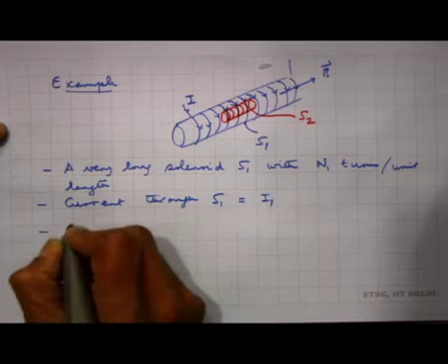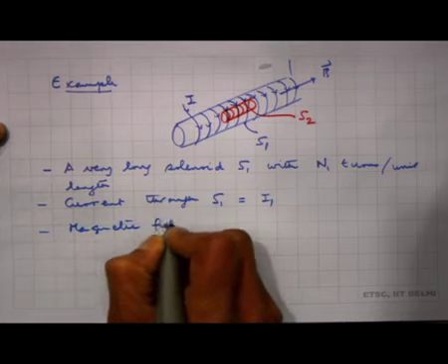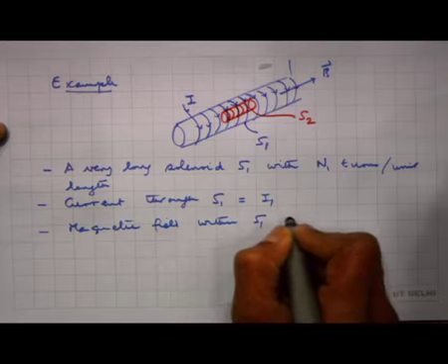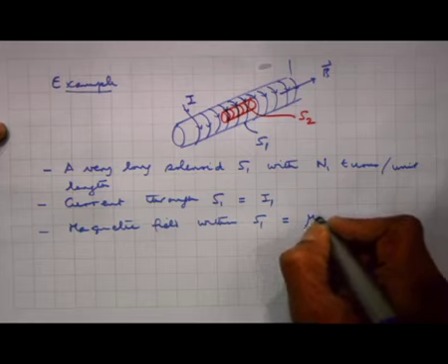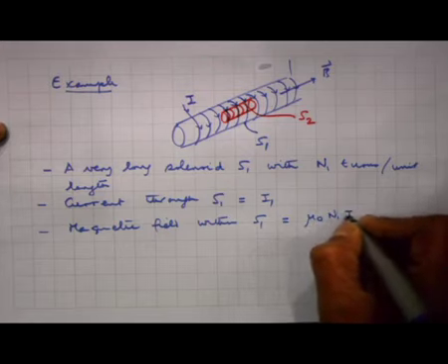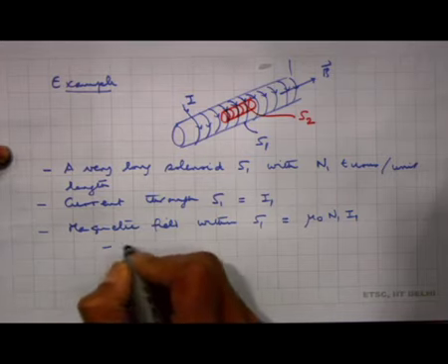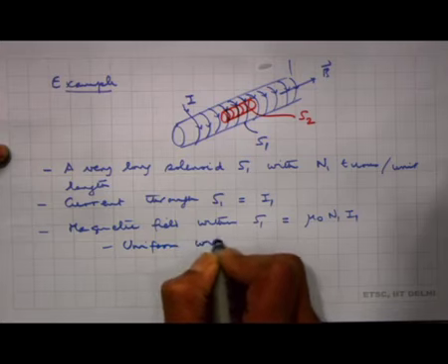This produces the magnetic field within S1, which is mu naught N1 I1, and this is uniform within the solenoid.